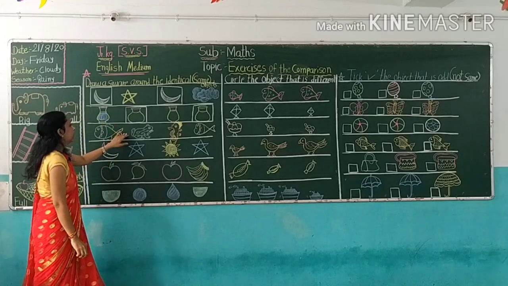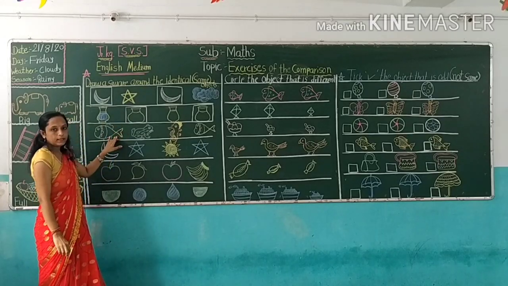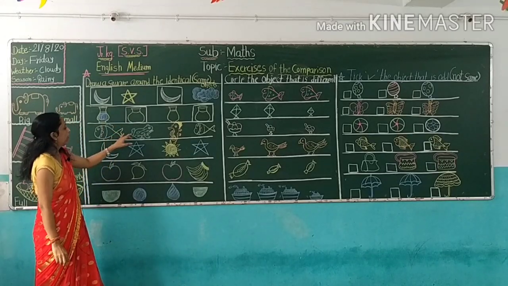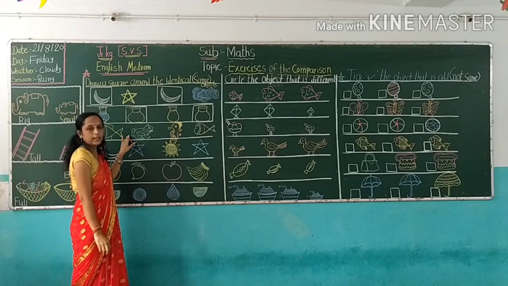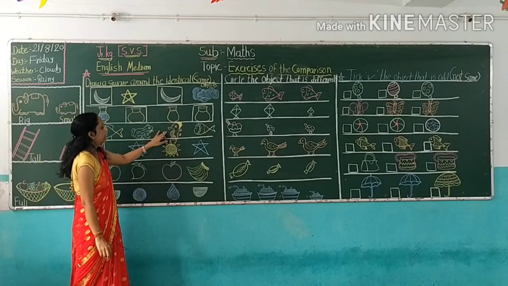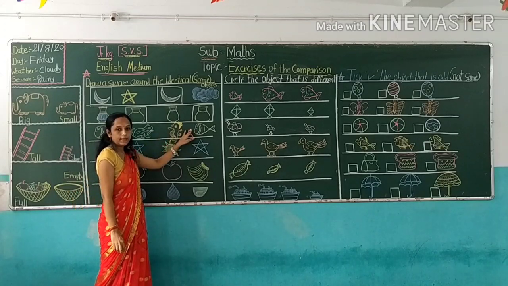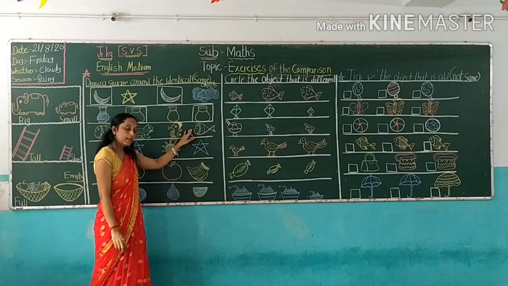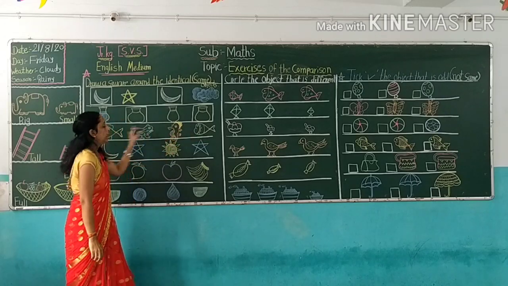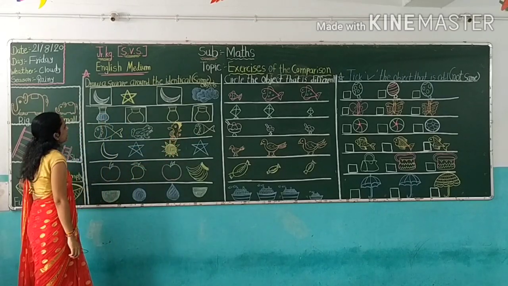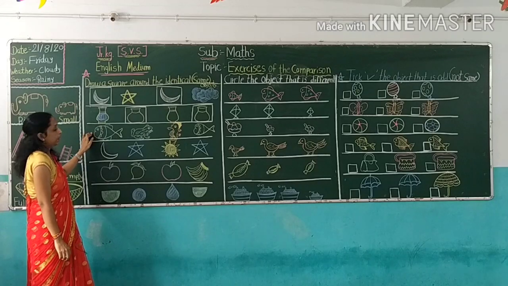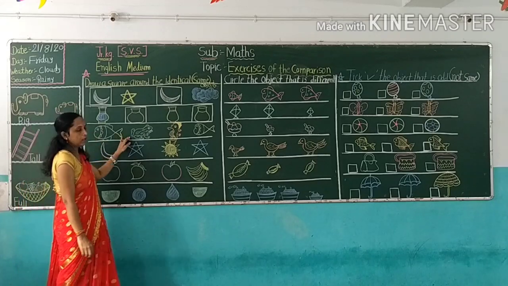And next, what is this? This is fish. And what is this? This is frog. And what is this? Seahorse. And what is this? This is fish. So student, tell me which picture is same? Frog?